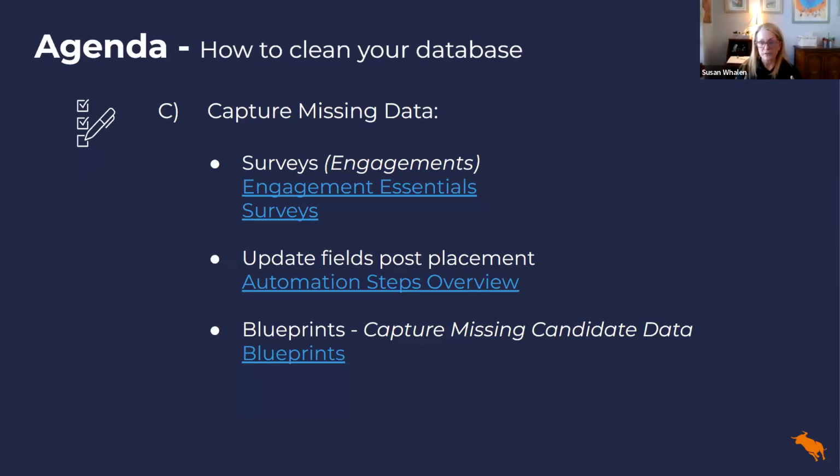So there's a number of fields that exist on the job/placement record that you might want to use to update the candidate fields on their record after placement. So this is something that can just happen automatically, and you're not reaching out to this candidate for them to update this information themselves.